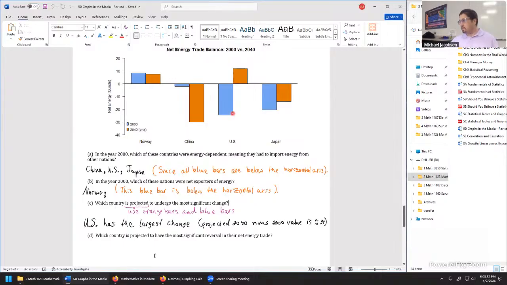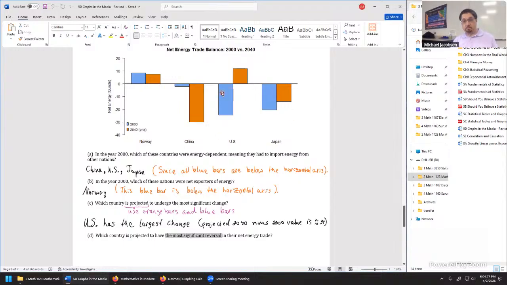Okay, well, part D is kind of a weird question. It's asking which country is projected to have the most significant reversal in their net energy trade. And it feels like a trick question because Norway didn't have a reversal. It was exporting in both of the time periods, 2020 and projected. China was energy dependent in both of the time periods, and so was Japan.